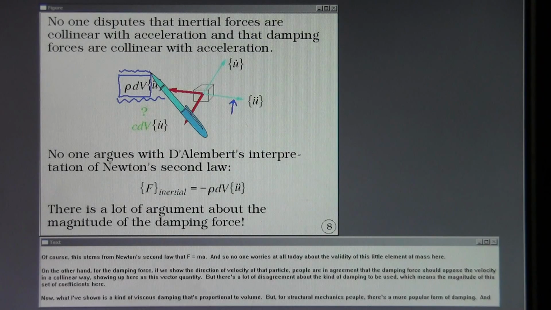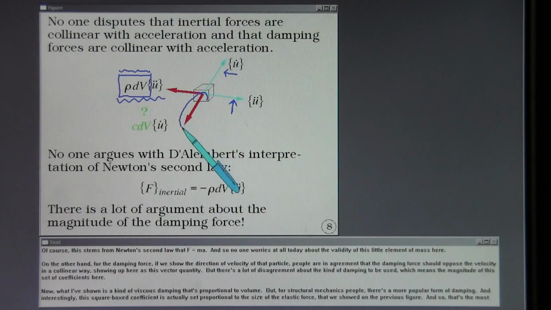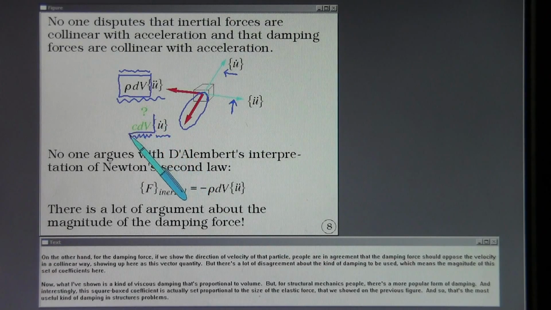On the other hand, for the damping force, if we show the direction of velocity of that particle, people are in agreement that the damping force should oppose the velocity in a collinear way. Showing up here is this vector quantity, but there's a lot of disagreement about the kind of damping to be used, which means the magnitude of this set of coefficients here.